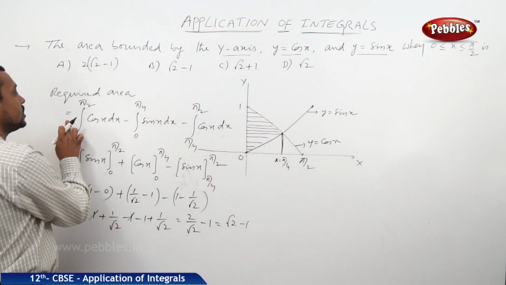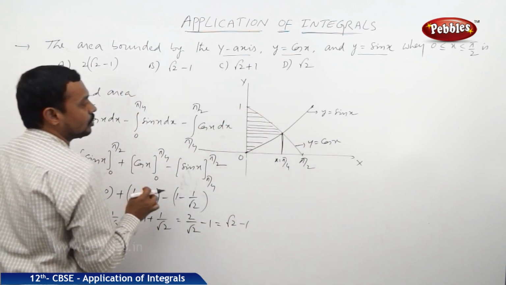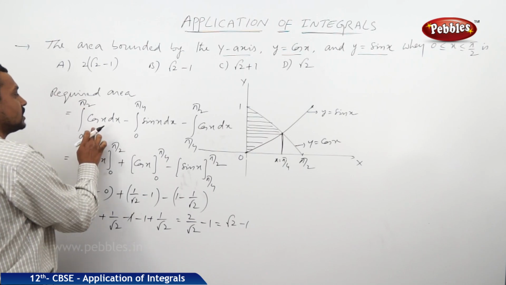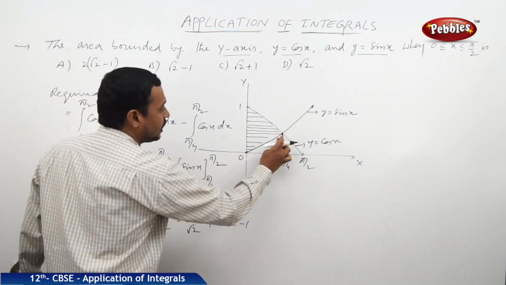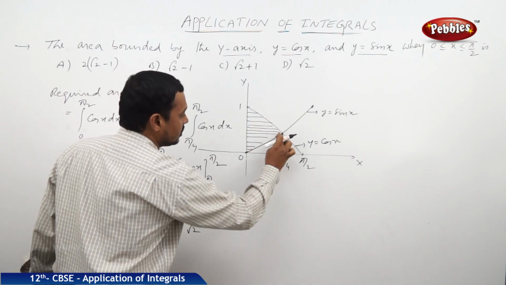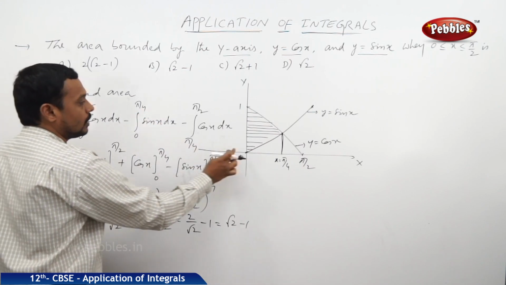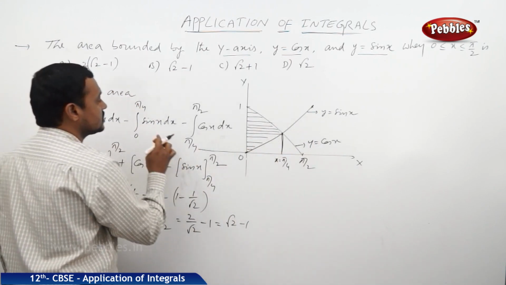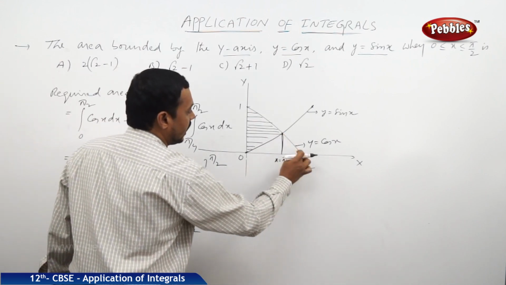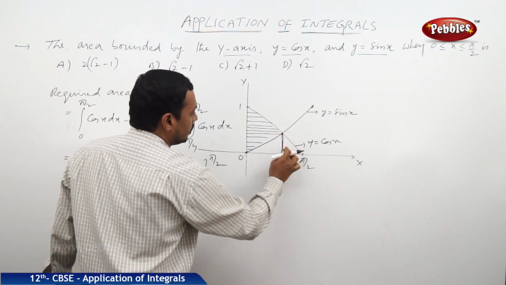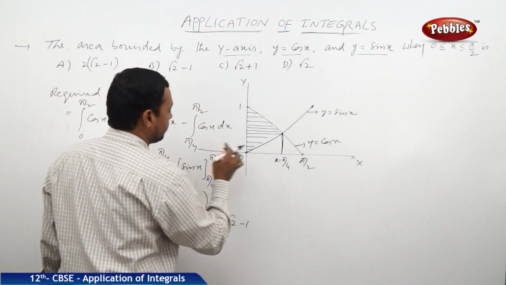Therefore, the required area is equal to, now the area of the region bounded by y is equal to cos x between 0 to pi by 2 is the integral from 0 to pi by 2 of cos x dx, and now the area of this region is the integral from 0 to pi by 4 of sin x dx, minus, and the another curve is y is equal to cos x from pi by 4 to pi by 2.